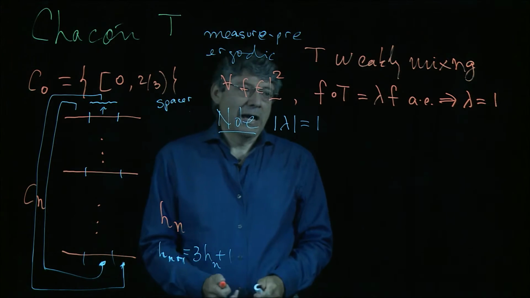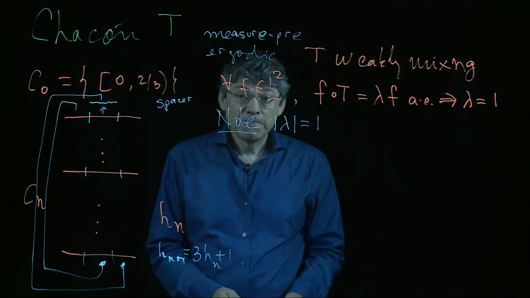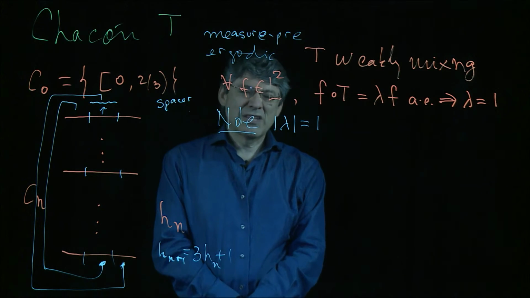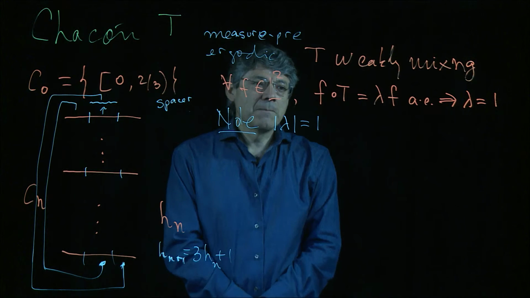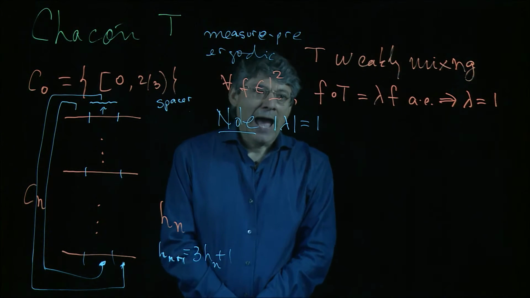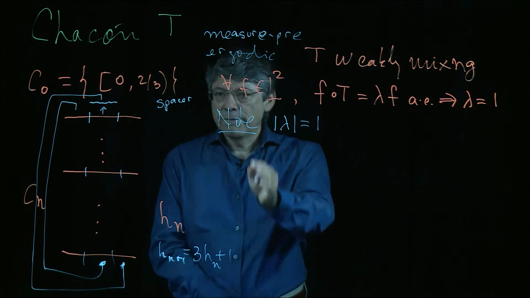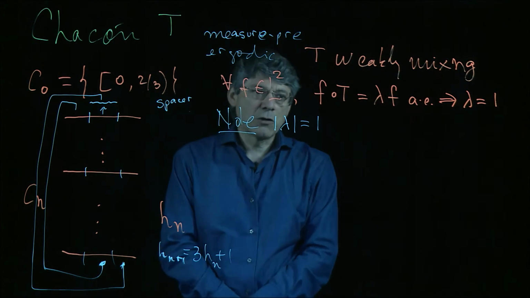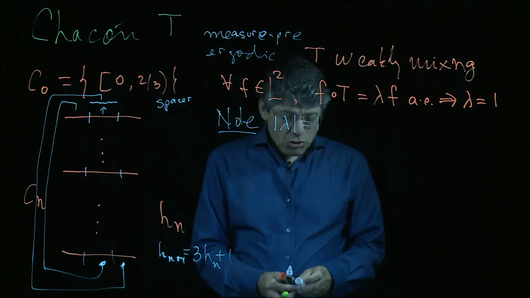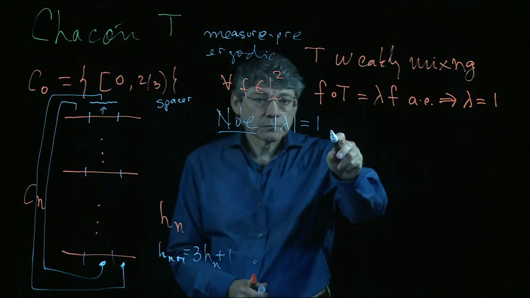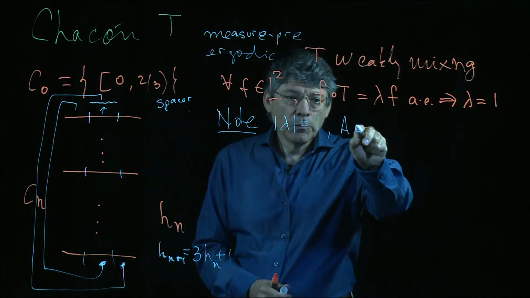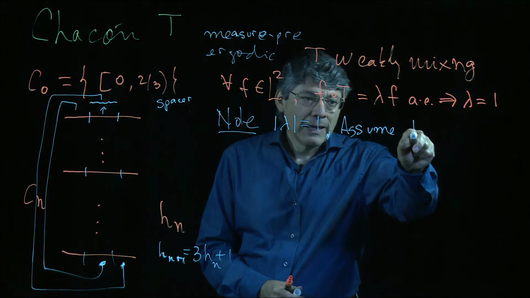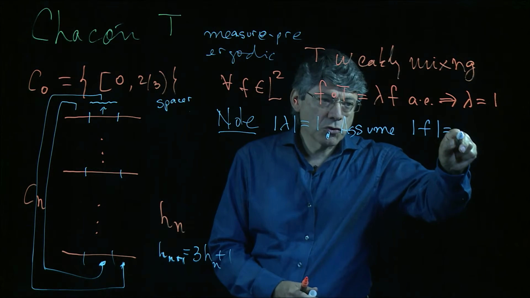Here, incidentally, I would like to remark that the L2 space consists of complex valued functions, so we are considering complex valued functions, and lambda is a complex number. And an eigenvalue of a finite measurable space transformation must satisfy the property that its modulus is 1, the absolute value is 1. Because of that, we can assume that f is of constant modulus.